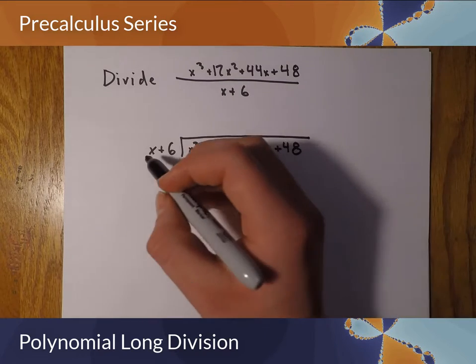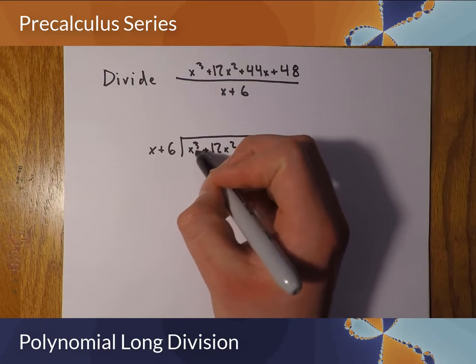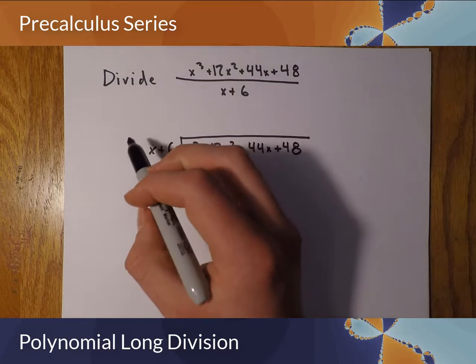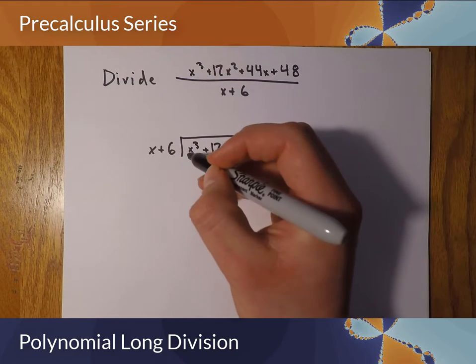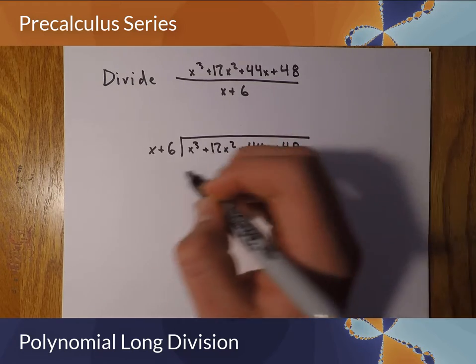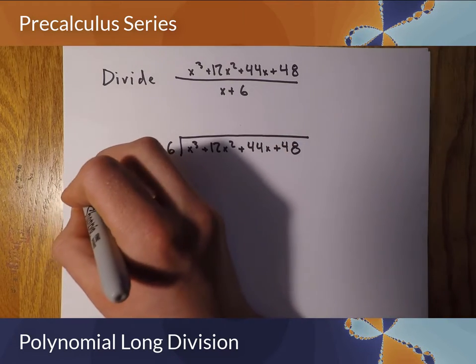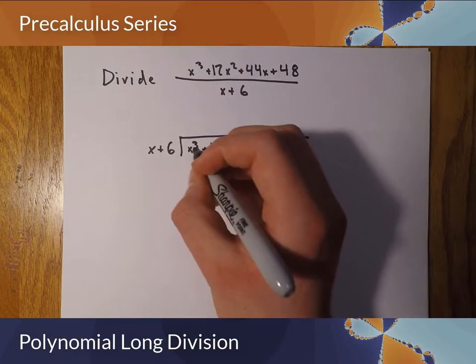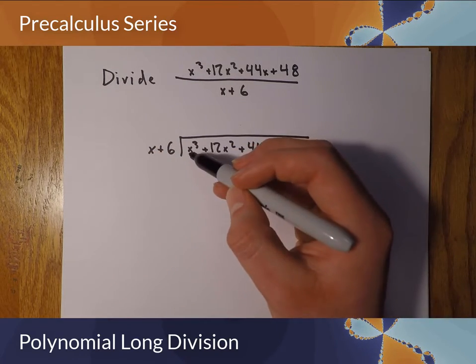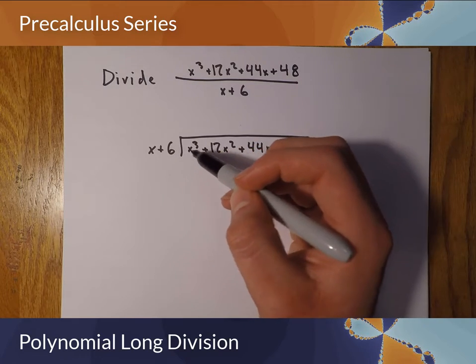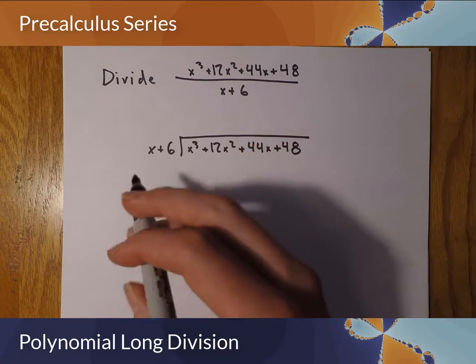All right, so x plus 6 can't fit into one term, so what we do is we see how many times x plus 6 can fit into x cubed plus 12x squared. When we're trying to figure out how many times x plus 6 can fit into x cubed plus 12x squared, we usually go by the first term.